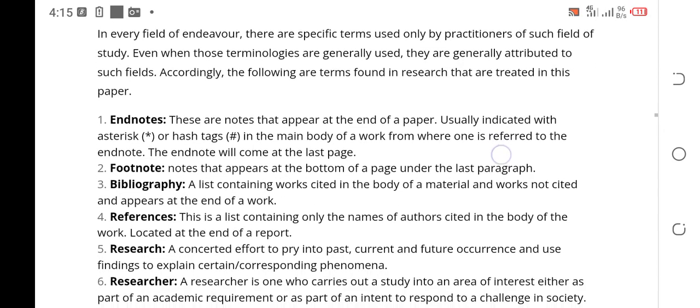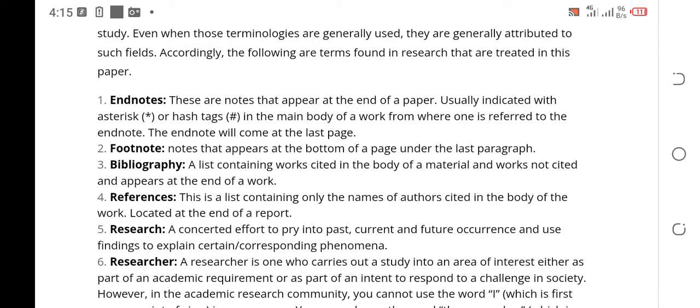What is endnote? If you check carefully, you will see that most of the materials you have come across in your research work or elsewhere have some information written under the page. When you look at the bottom, you will see some information there.